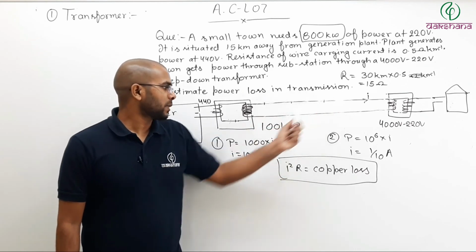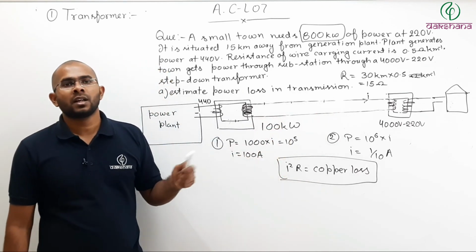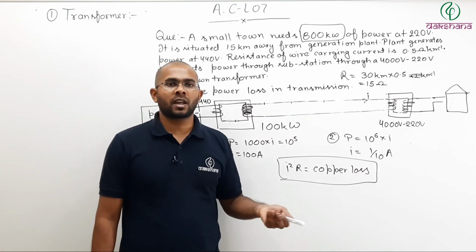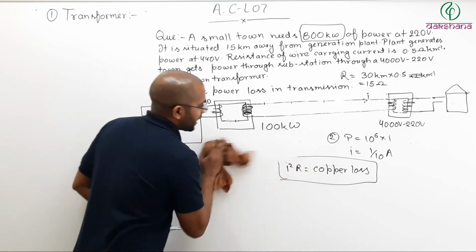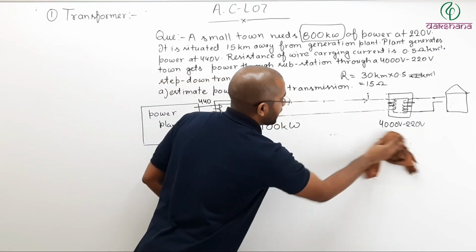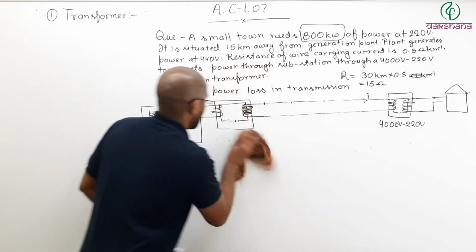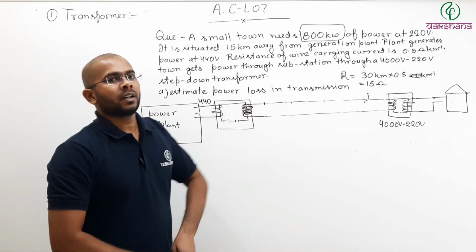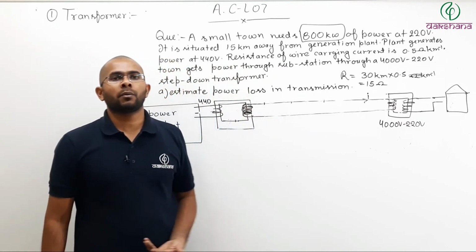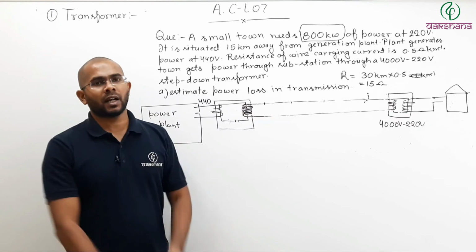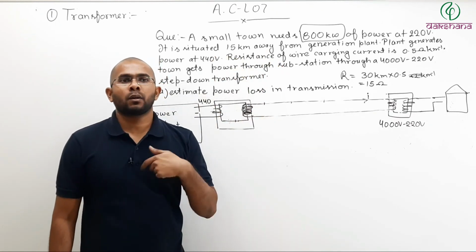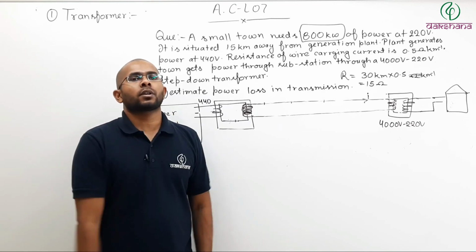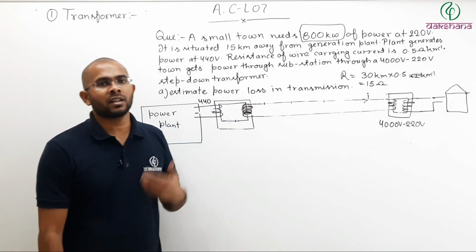You cannot apply V square by R formula because V is not same throughout your resistance. That is why we need your I square R, and that is why we transmit power at a very, very high voltage. Higher the voltage, lower the current, and lower the current, lower is your copper loss or transmission loss.